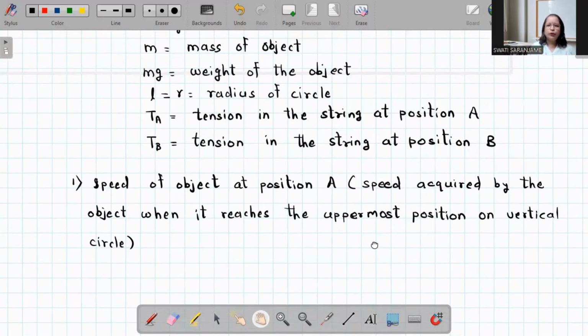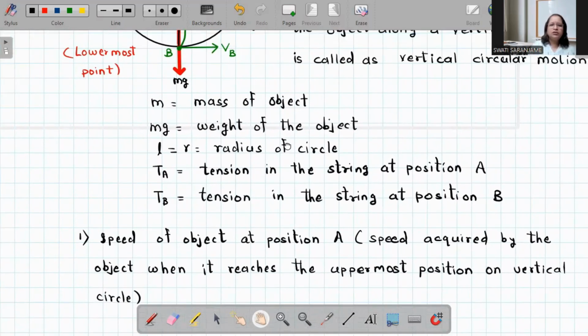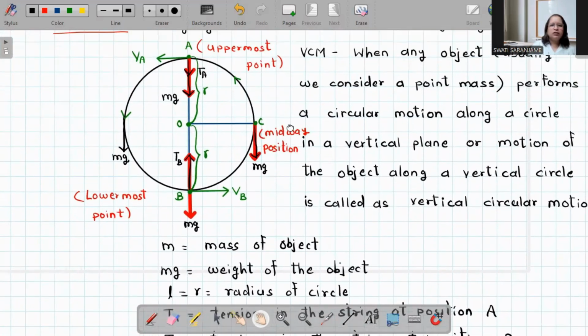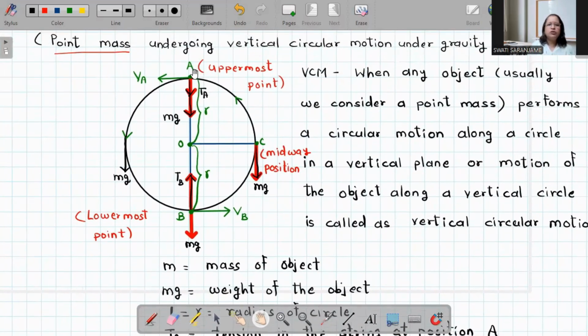Now, if I show you the diagram again, just to have a quick look. When it reaches position A, let us represent the speed acquired by that object by VA. Now, in this position, TA, the tension developed along the string, and the weight mg are both in the same direction.